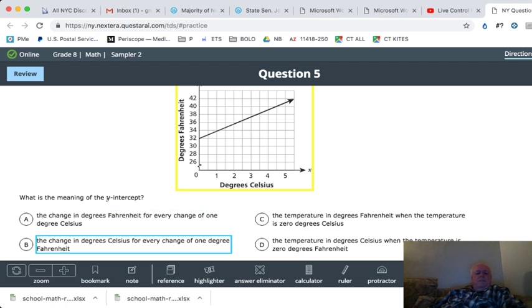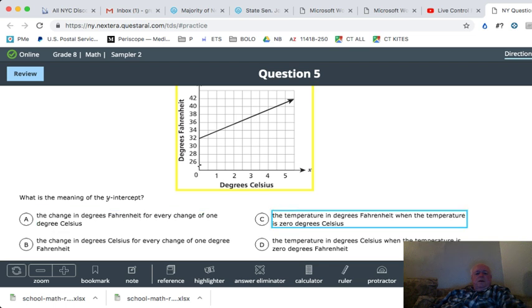Okay, B. The change in degrees Celsius for every change of degree in Fahrenheit. No, it's the same way. So 32 to 33 doesn't seem to match. It's talking about the y-intercept, 0, 32 again.